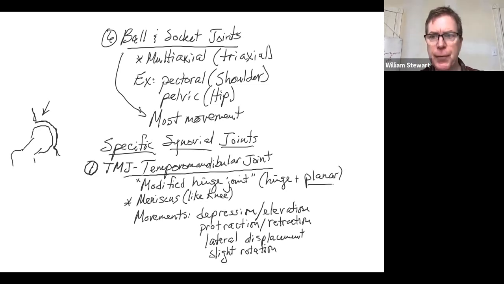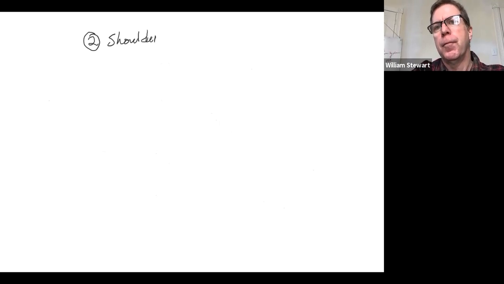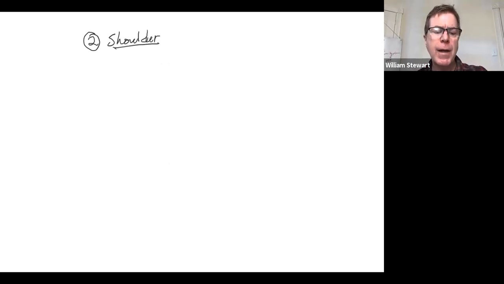All right, let's move on. Number 2 on our synovial description, I'm just going to write the shoulder. We know anatomically what that's made up of. It's sometimes called the humeroscapular joint or the glenohumeral joint, depending on which book you read.